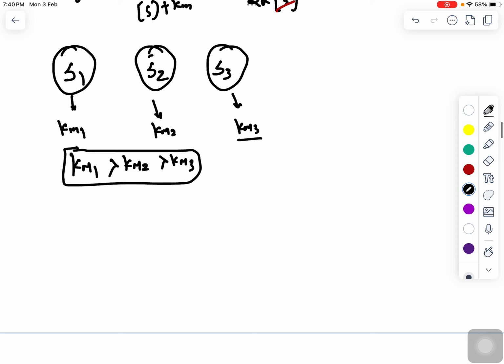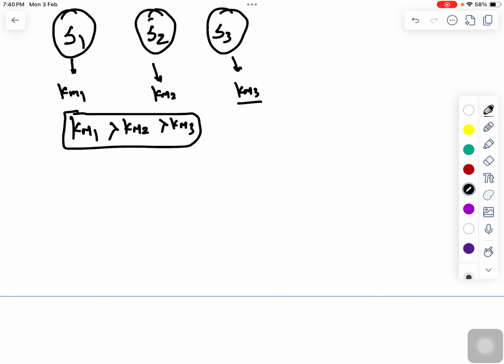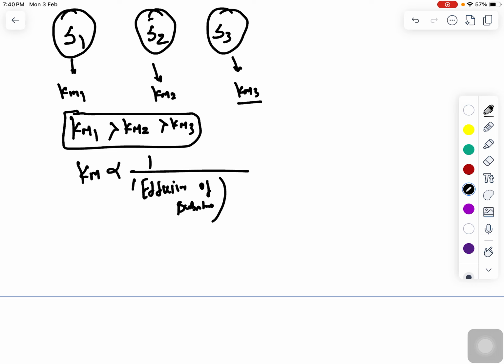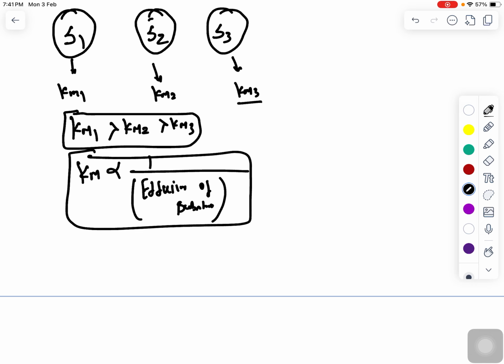So if Km is high, then the substrate is less efficient. Substrate 1 will be less efficient compared to substrate 3. So Km is inversely proportional to the efficiency of the substrate. Is that clear?